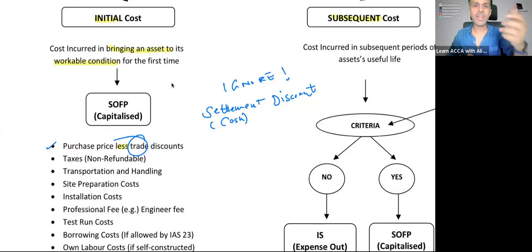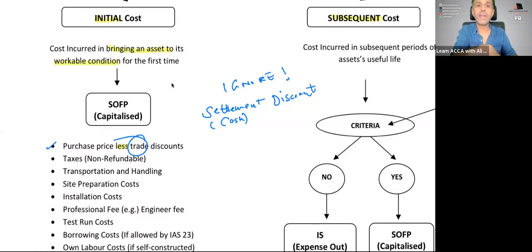Although your credit term is 90 days, if you pay me in 1 month, I will give you 20% discount. Now, the customer might avail it, might not. It gets confirmed on the date of settlement, never on the date of purchasing an asset.